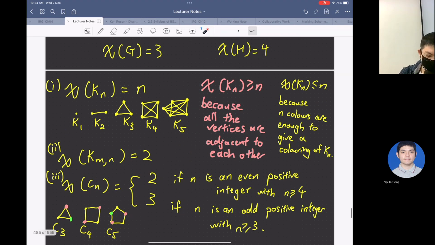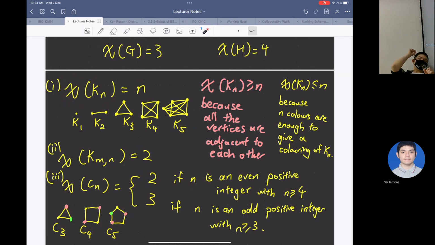So the next example is the Kn example, the complete graph. The claim is that the chromatic number of Kn is n, so it depends on the number of vertices of your graph. Remember how Kn is constructed: you have n vertices, and every vertex is connected to each other.